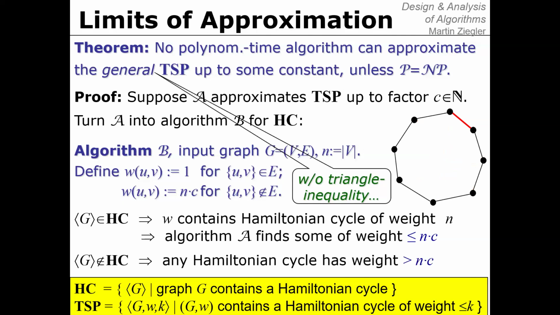Whereas if the original unweighted, non-complete graph does not have a Hamiltonian cycle, then in the weighted complete graph, any Hamiltonian cycle must use at least one red edge, and of course at least n minus 1 other edges, so that the total weight of any Hamiltonian cycle in this enhanced graph will be strictly more than n times c.